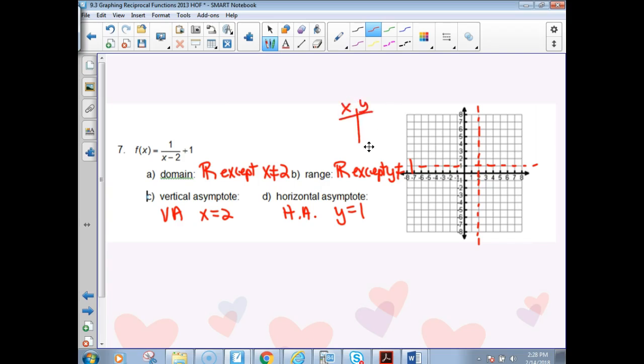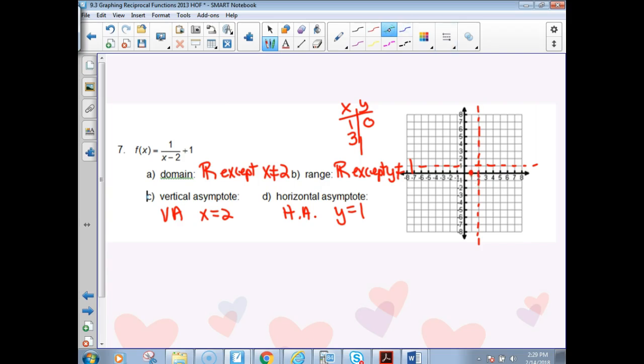Little t-chart up. I've got a 1 in that numerator again. I'm not going to be able to get many points. Most of them are going to be fractional. So I'm going to put in 1 and 3. See, if I put in 1, I'll have -1 on the denominator. 1 divided by -1 is -1 plus 1 will be 0.